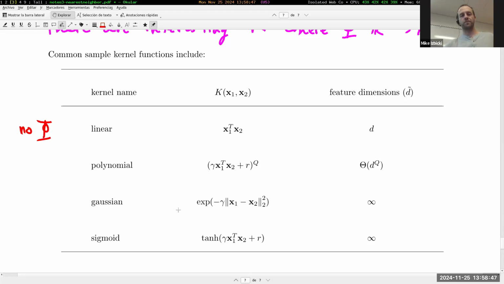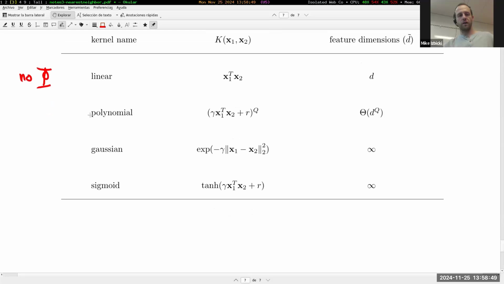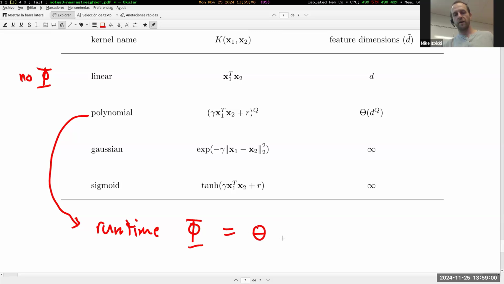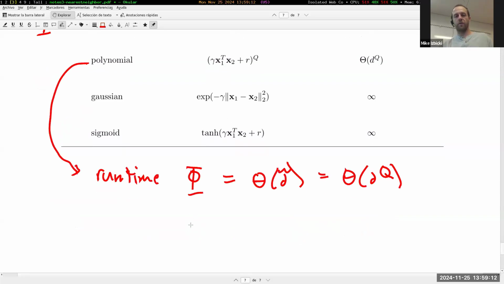The runtime for computing phi for the polynomial kernel is theta of d tilde, which is again theta of d to the q. But the runtime up here for this function is linear in d. The runtime for that particular kernel, all we have to do is take a dot product.